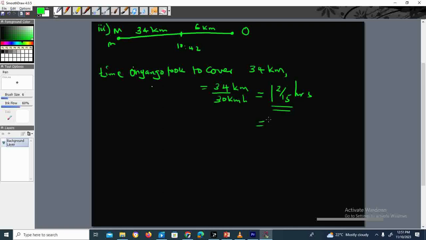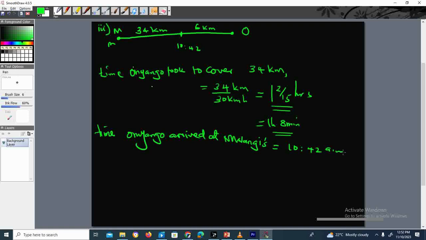This is the same as 1 hour 8 minutes. That's the time it took. So the time Onyango arrived at Mwangi's will be 10:42 a.m. plus 1 hour and 8 minutes. It will be 11:50 a.m.